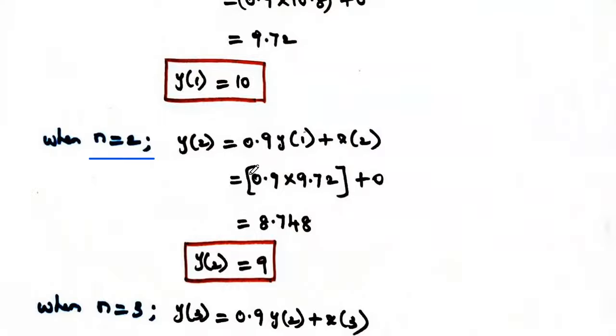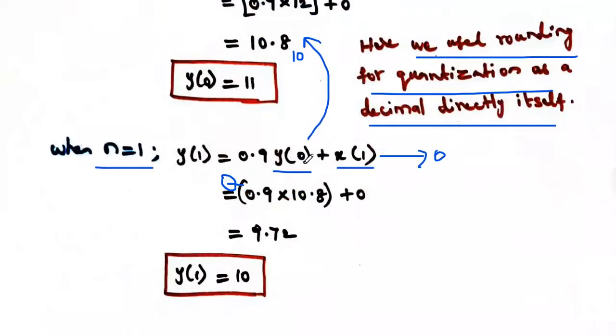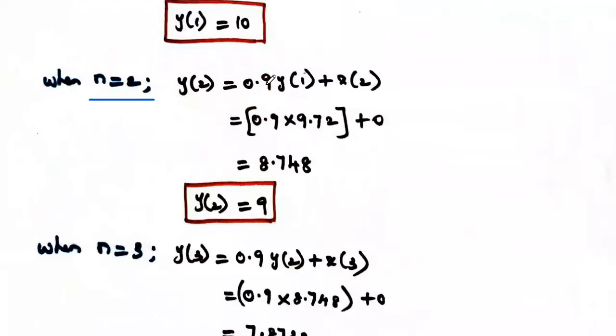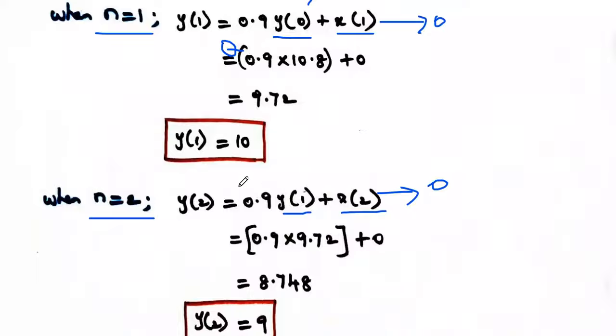If n equal to 2, you substitute in our given system equation. So y of 2 equal to 0.9 into y of 1 plus x of 2. Here you just substitute the x of 2 value and y of 1 value. So x of 2 value, you already know it is 0. Y of 1 value, just now in the previous step we calculated.